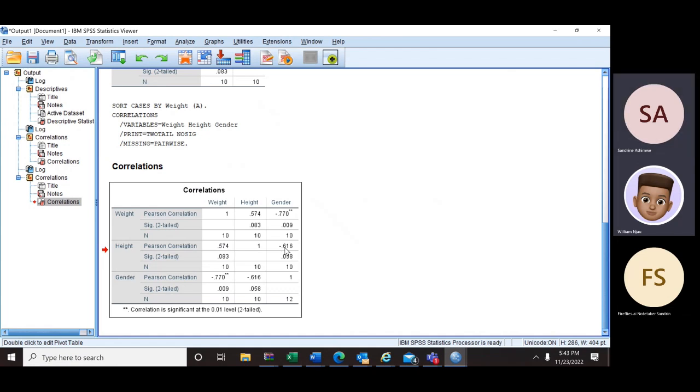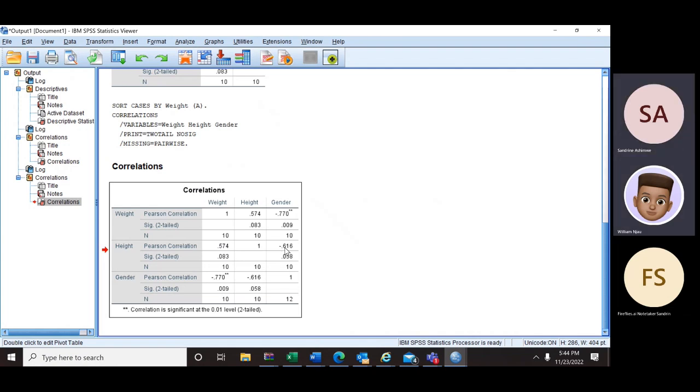It's trying to tell you this data is significant. The sig value, 0.09, is actually less than 0.05, meaning that it is significant. So the correlation itself is significant.